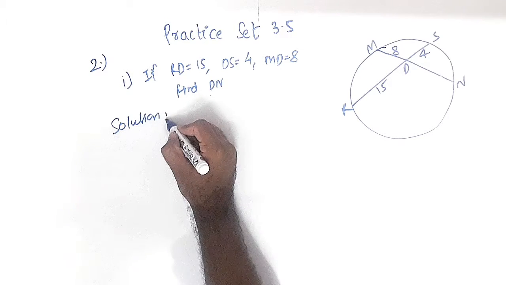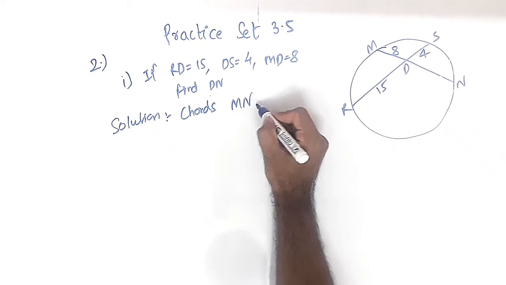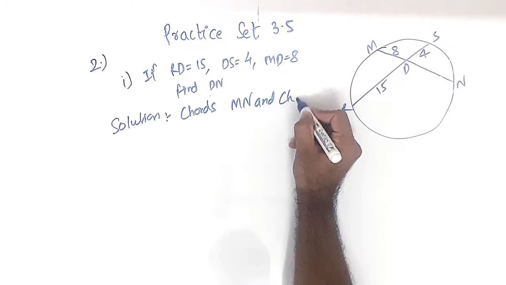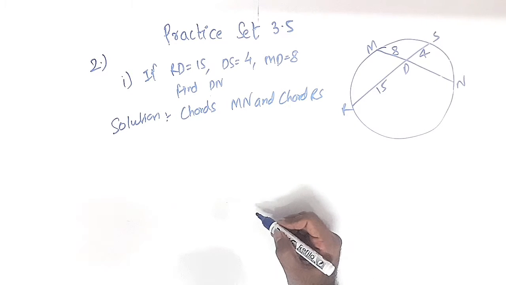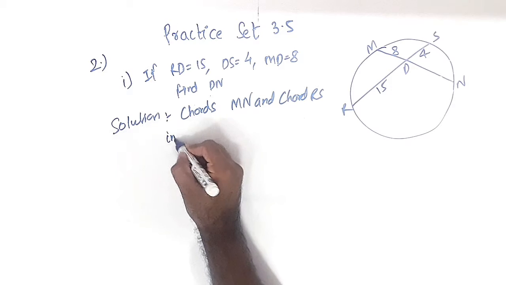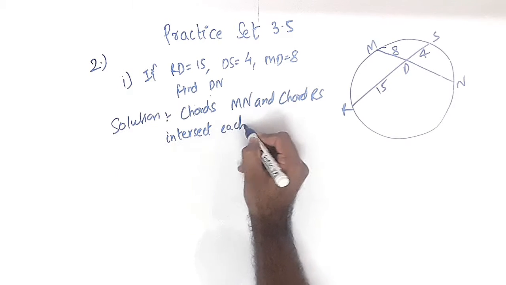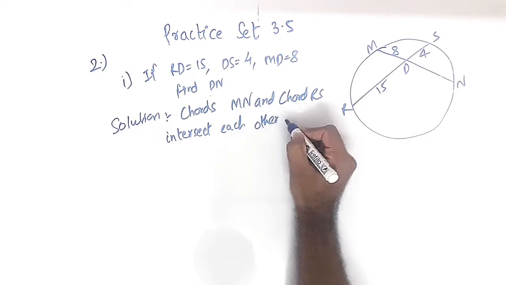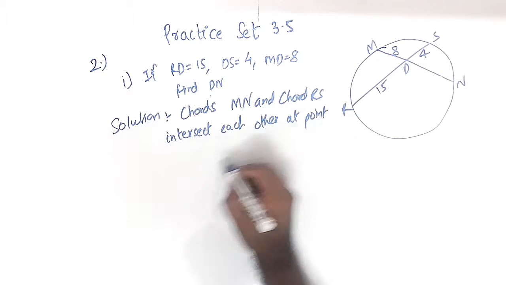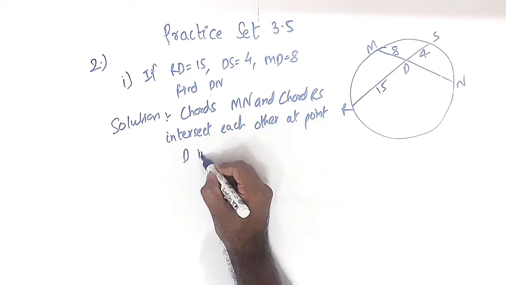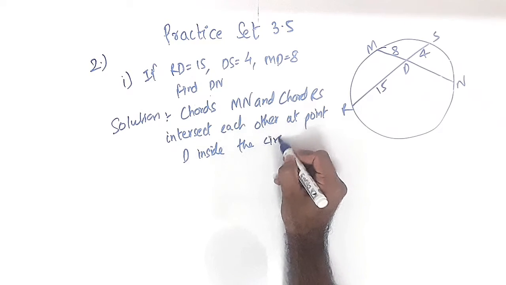So first we'll write down the solution. Chords MN and chord RS intersect each other at point D inside the circle.